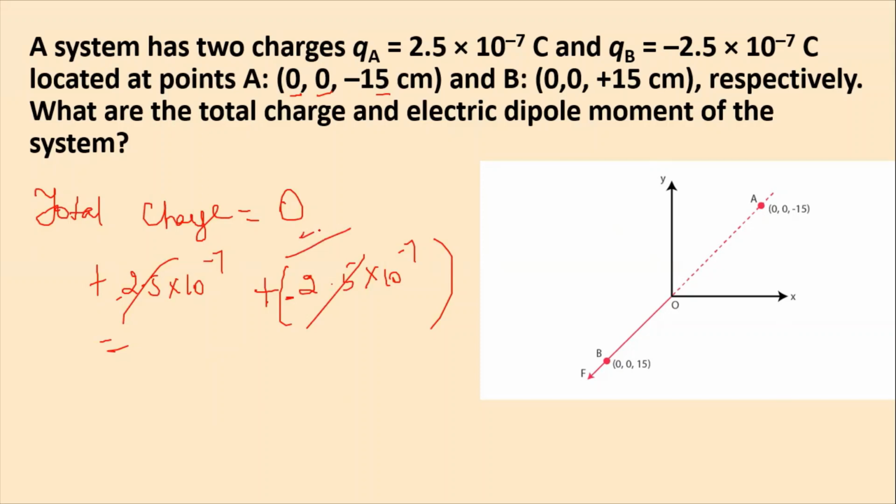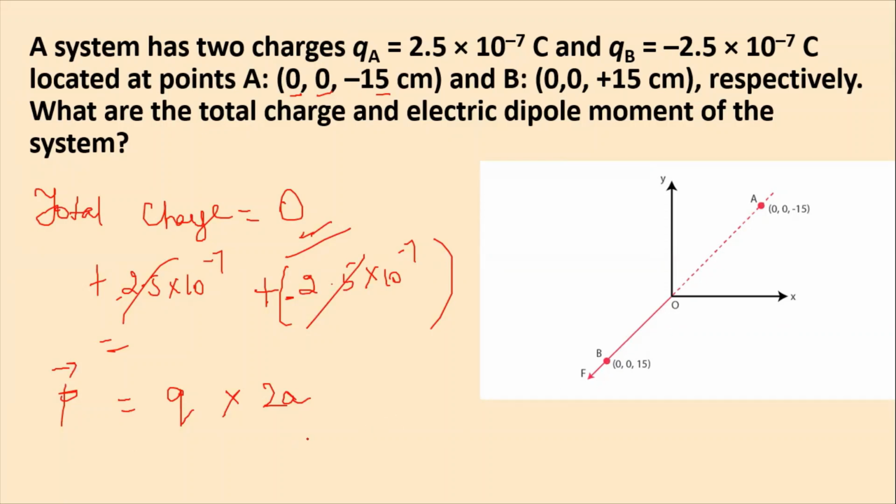But there will be a dipole moment, right? Because there is a distance of separation between them. Now how to calculate the distance of separation? We know that electric dipole moment is Q into 2A, right? Here, the distance between the origin and the point A is 15 centimeter, and on this side it is also 15 centimeters.